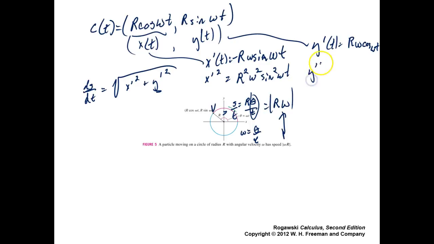And your y prime squared is r squared omega squared cosine squared omega t. All right. Now we have to add those together. So let's do this one plus that one. What does that give us? Factoring out what we can.